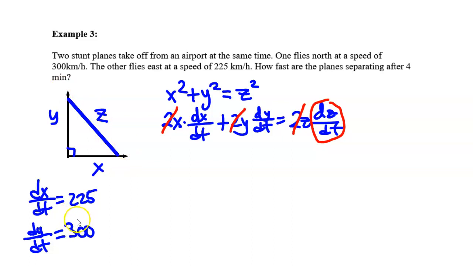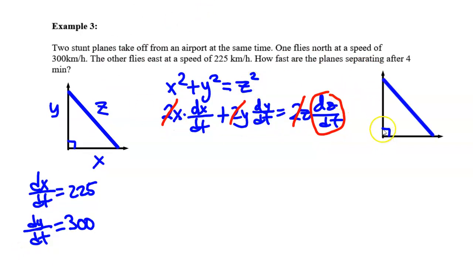Okay, so let's see what we have here. Now we're being asked how fast the planes are separating after 4 minutes. Okay, so let me draw another diagram then. So here's our diagram over here, and what I'm trying to create here is a separate diagram that shows not generally how the three x, y, and z variables relate to each other, but at this very specific point in time, after the two planes have been traveling for 4 minutes, what's the picture at that instant in time?